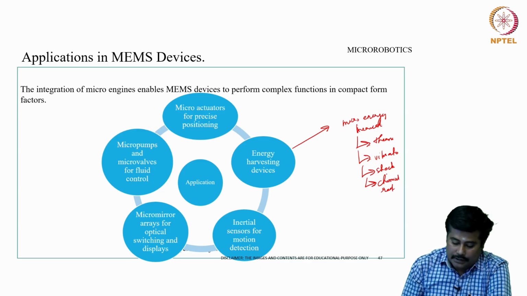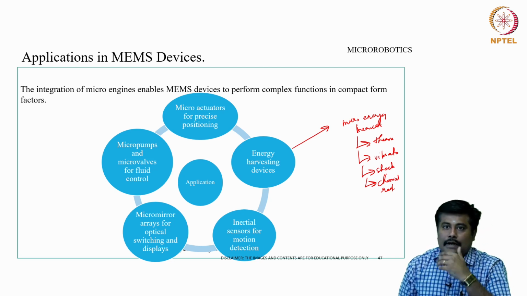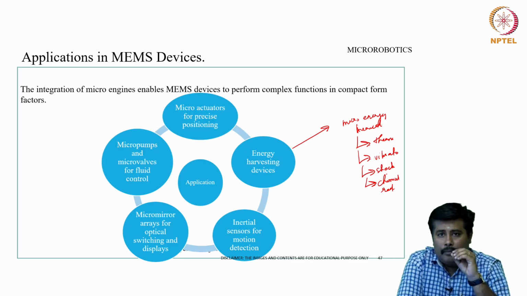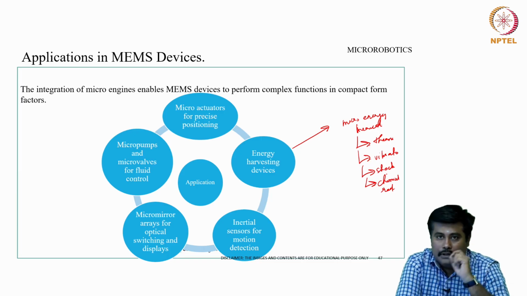Then we have inertial sensors, which are effectively used for motion detection. This is considered one of the prime focuses in micro robotics. Even a sudden or minor change in the system can be effectively monitored using this arrangement.